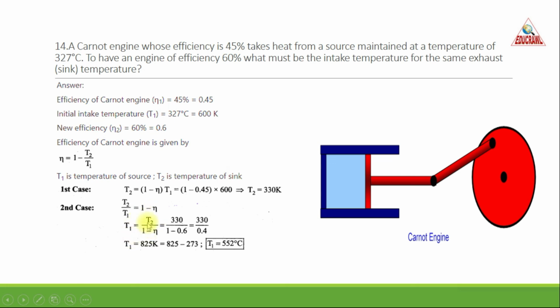So T1 will be equal to T2 by 1 minus eta, which is 330 divided by 1 minus 0.6, which is equal to 330 divided by 0.4. Simplifying this, you get the answer as 825 Kelvin. Converting this into Celsius, you get T1 as 552 degrees Celsius.